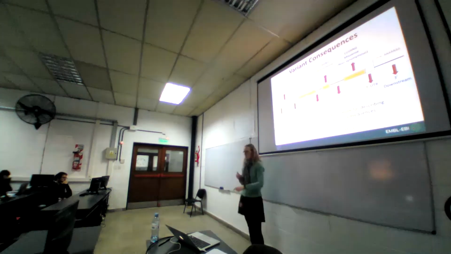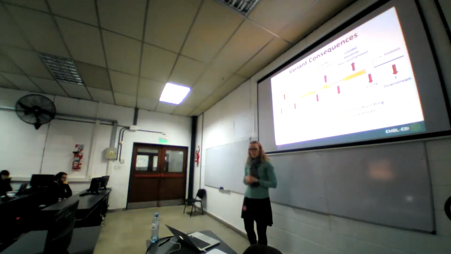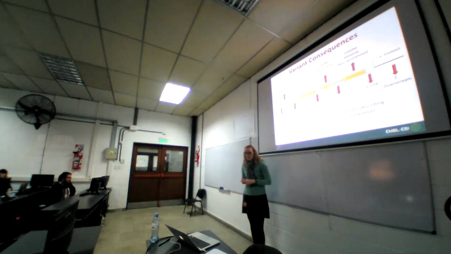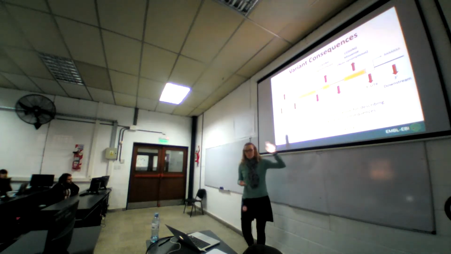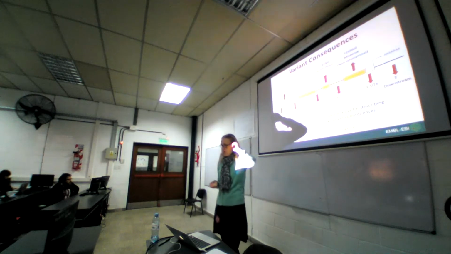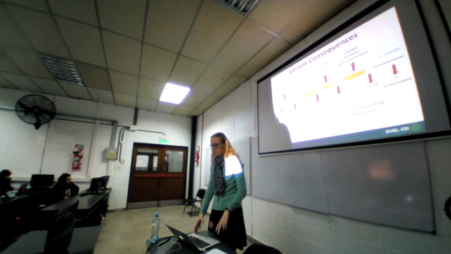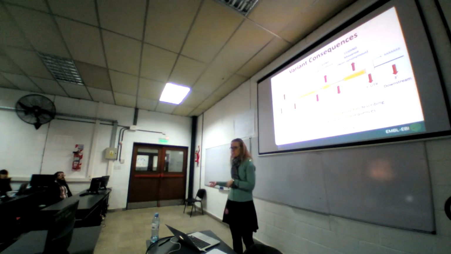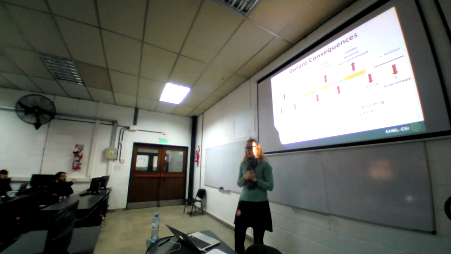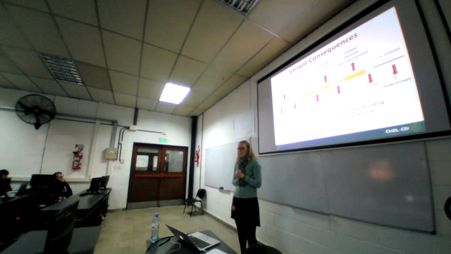All of these variants, and we again use an ontology to classify these, which is called sequence ontology. To start with variants in coding regions, these can either be synonymous or non-synonymous. The non-synonymous variants are the ones that change the amino acids, so these are called missense variants.